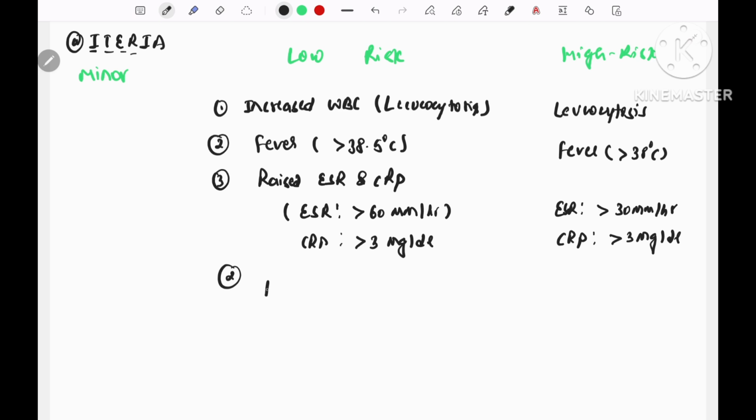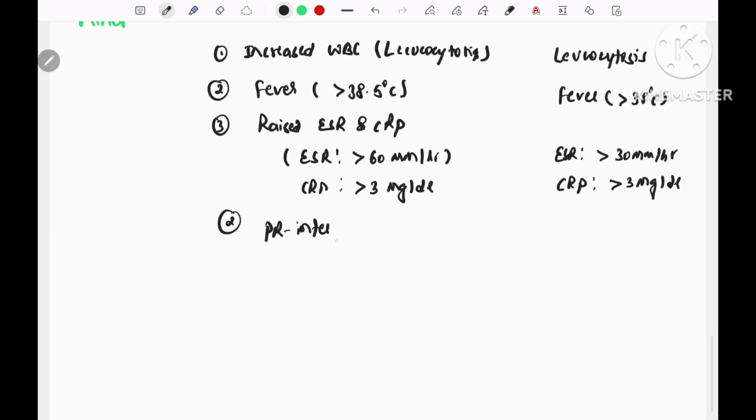Now this R actually means the PR interval prolonged. Normal PR interval is 0.1 to 0.2 seconds, but in case of acute rheumatic fever, this interval increases to more than 0.2 second.